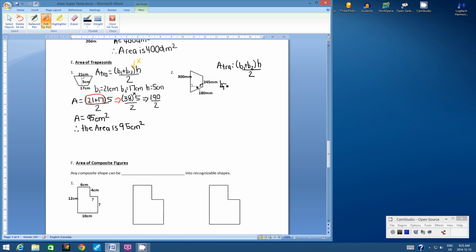Base 1 equals, I'll put the bigger number here, 300 millimeters. Base 2 equals 245 millimeters. And the height is 180 millimeters.